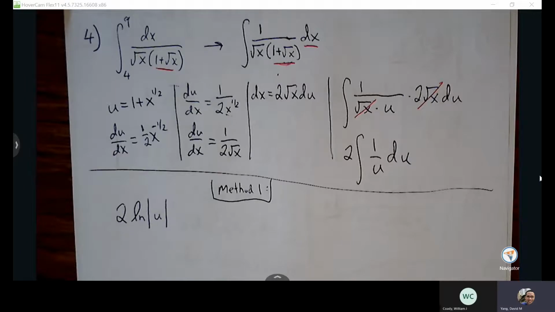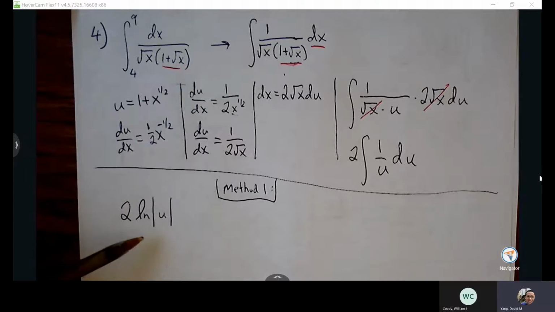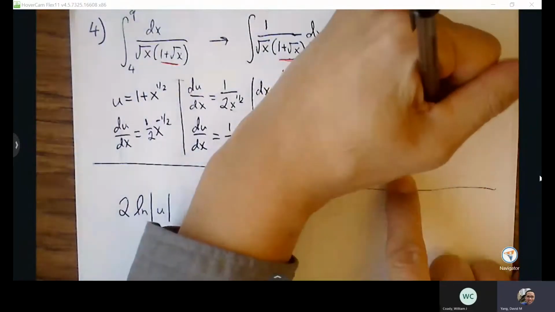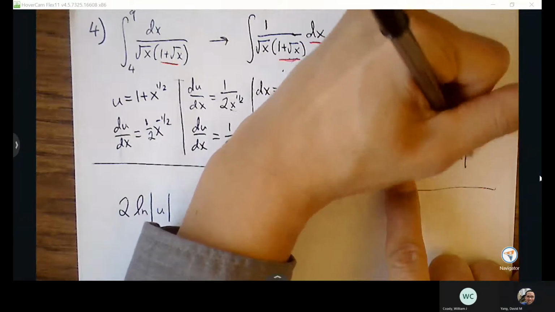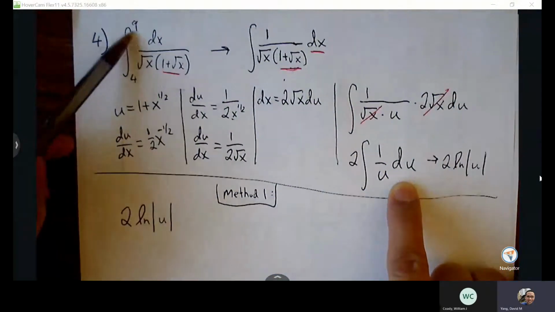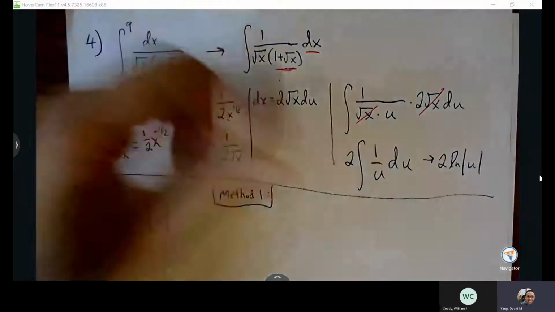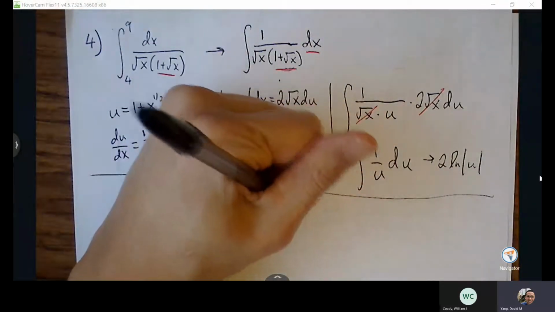The other method is leaving the antiderivative in terms of u, and then converting the bounds so that the bounds are also in terms of u. So convert bounds.